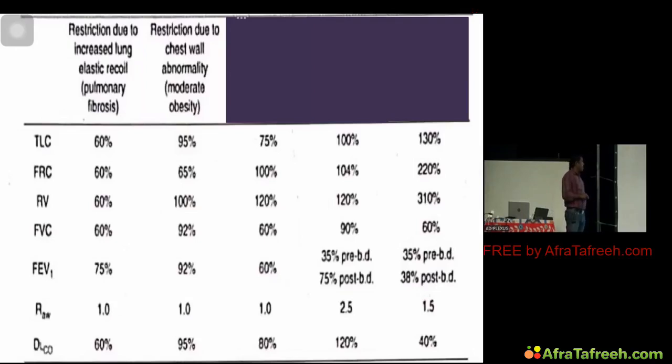FEV1 by FVC is normal. What happened to the DLCO? DLCO is normal. What happened to the residual volume? Increased. So what should be the pathology?